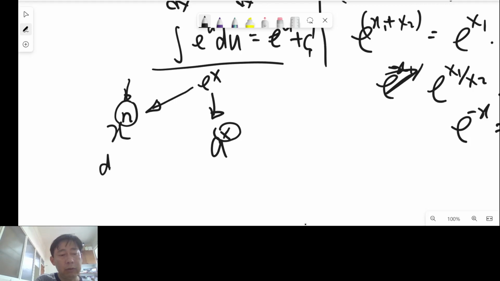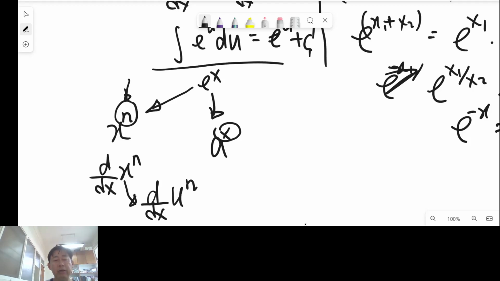And then we also discussed the differentiation of the generalized power function, and the differentiation of u raised to an irrational number.